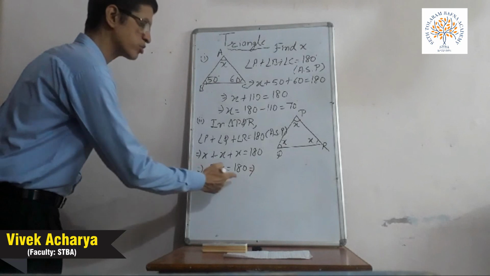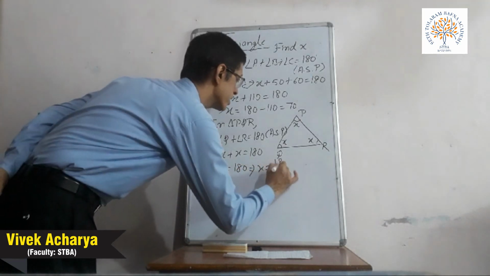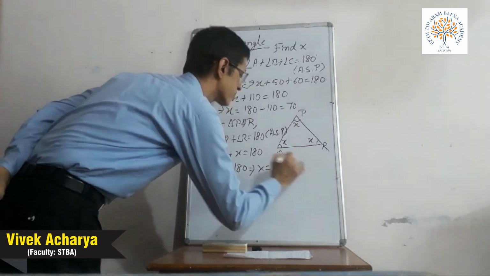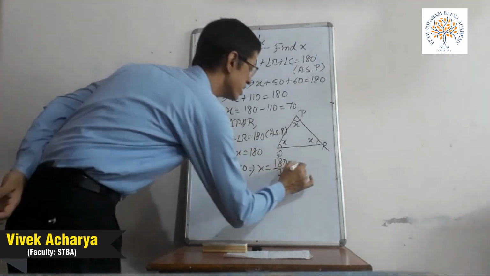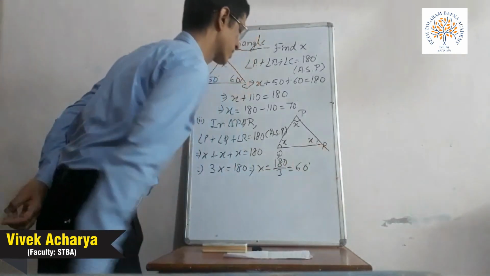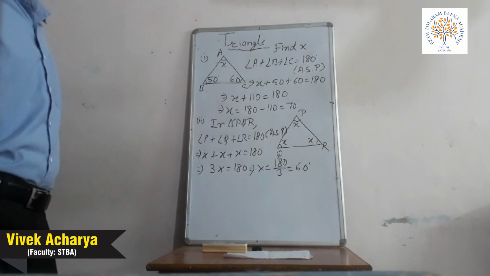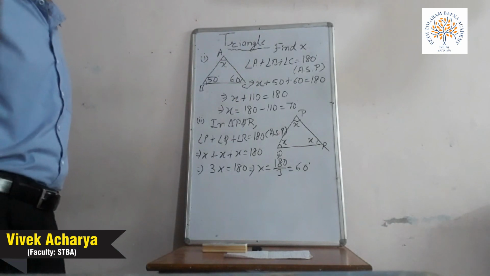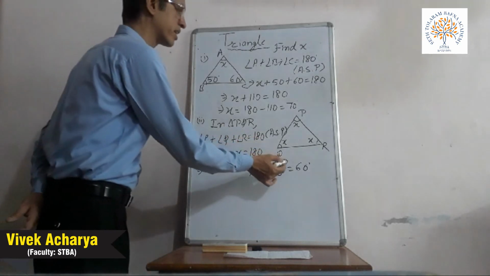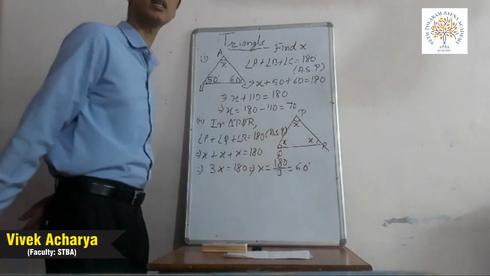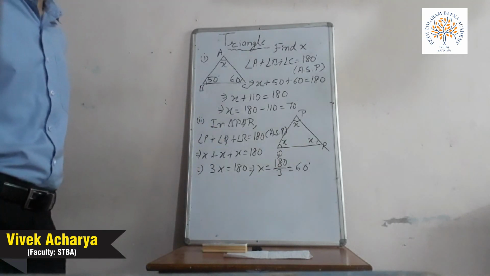Then by cross multiplication, x equals 180 divided by 3, so x is 60 degrees. It means all three angles are equal and each angle is 60 degrees.